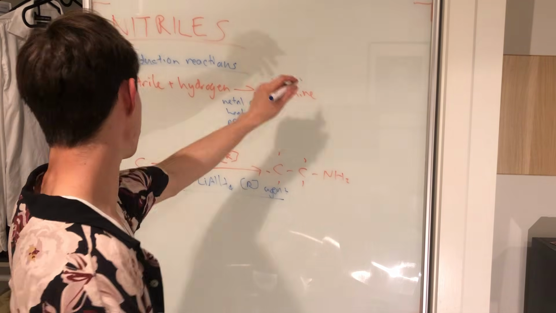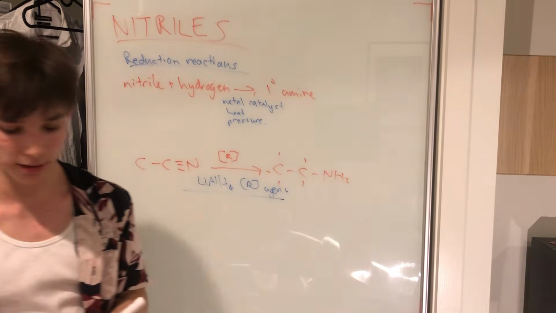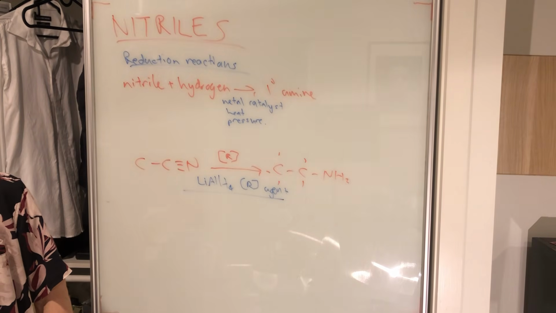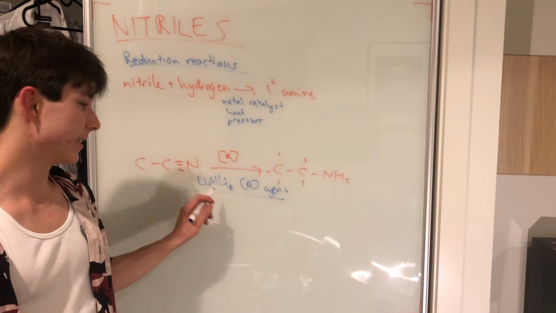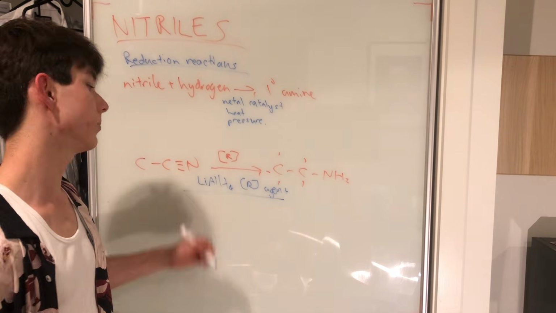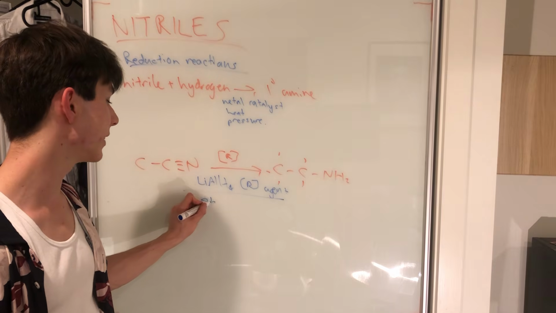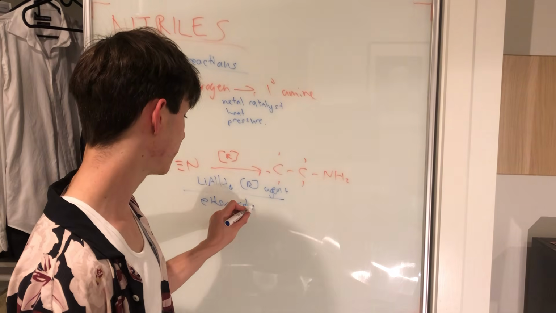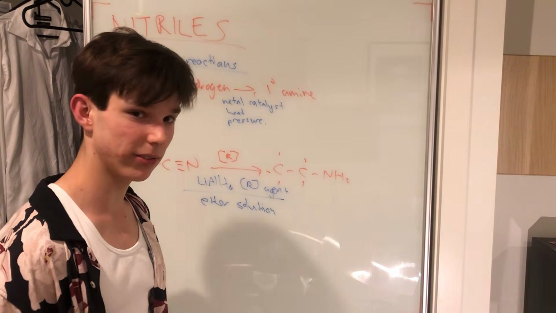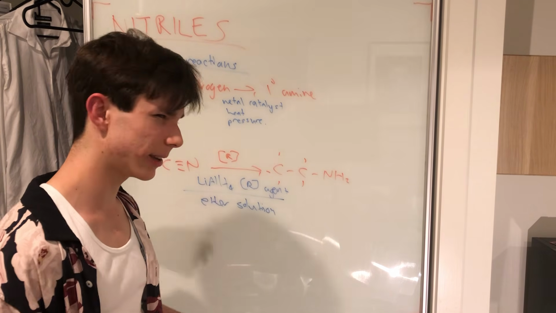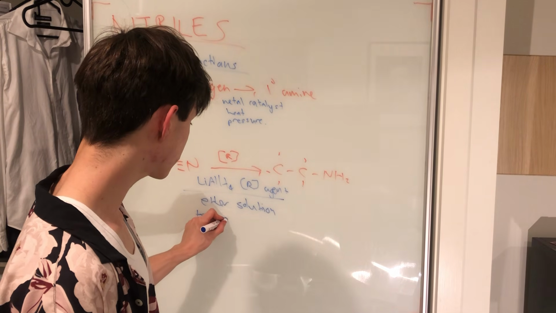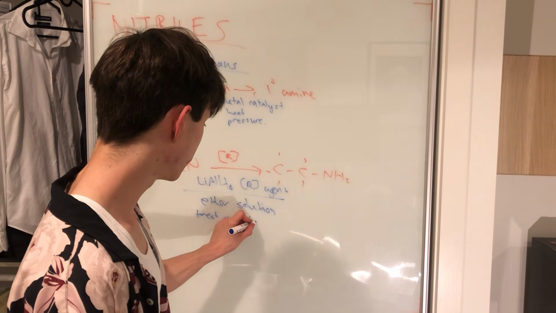So in industry, they use this reaction, and I'd probably recommend you learn about this one. So you've got to buy this expensive chemical, then it's in a solution of ether. I don't know what ether is, don't ask me, but in an ether solution, then once you've done all that, you need to treat the product with an acid.